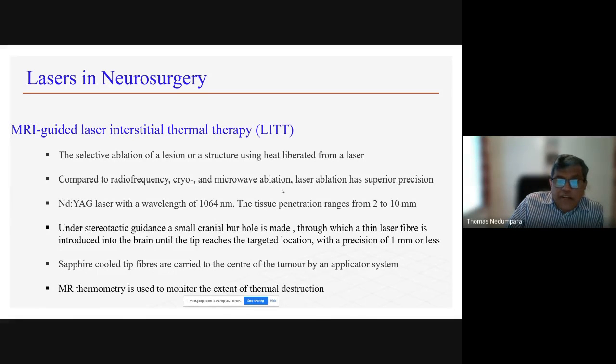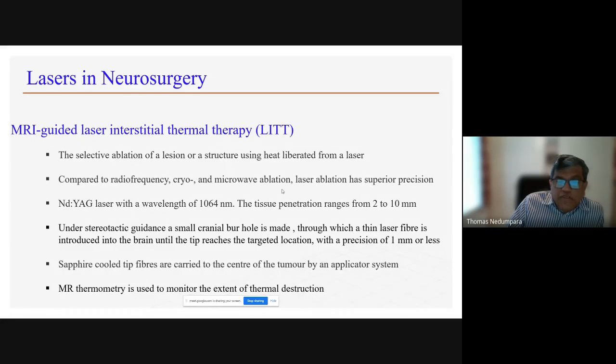Currently, we use radiofrequency, cryosurgery, or microwave ablation for this purpose. However, laser ablation has a superior precision of up to 1 millimeter. Mainly Nd:YAG laser of wavelength 1064 nanometer is used for this purpose.